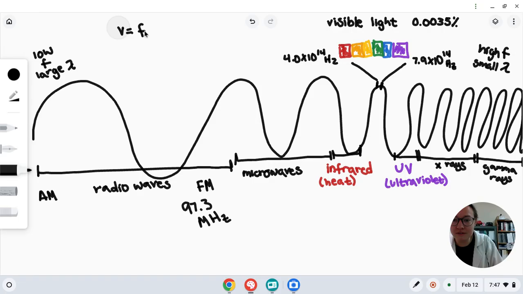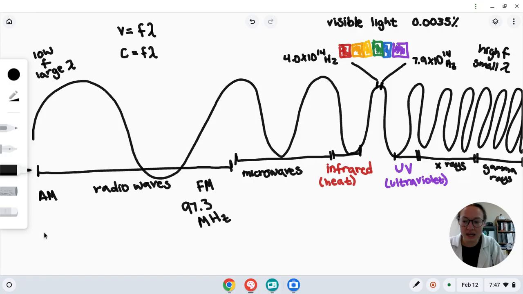If the speed of light is always equal to c, then we say that c is also equal to f lambda. c equals frequency times wavelength. So if you know the speed of light, and you know the frequency of a light, you can calculate its wavelength. Or if you know the wavelength of light, you can calculate its frequency.